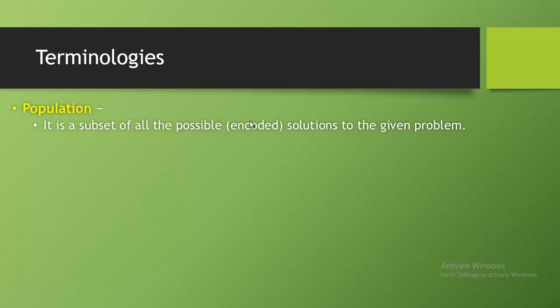For example, if you are given a data set and asked to sort the values in ascending or descending order, there are different methods by which you can sort them. So every problem has many solutions, and the methods are different. Population is a subset of all the possible solutions to the given problem.